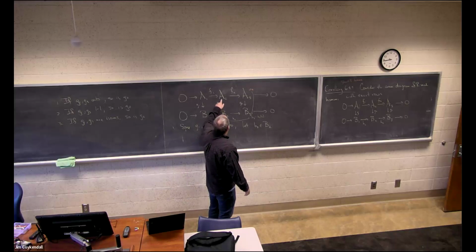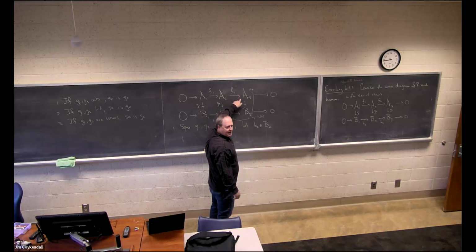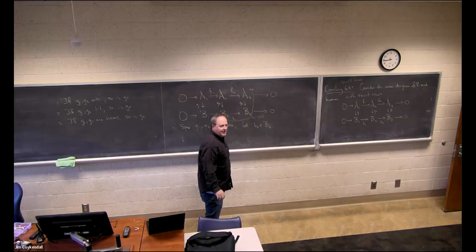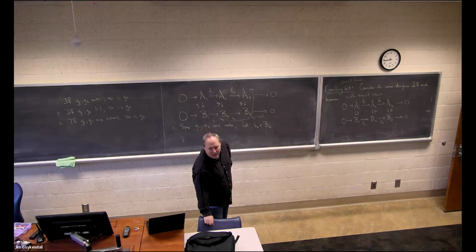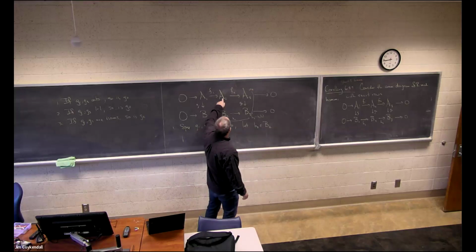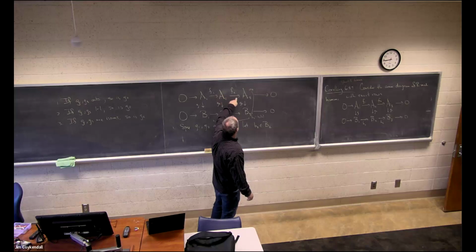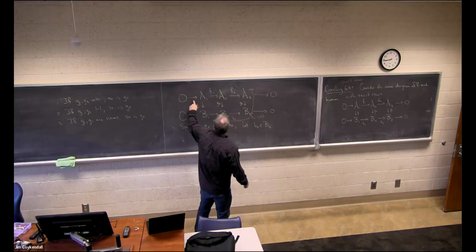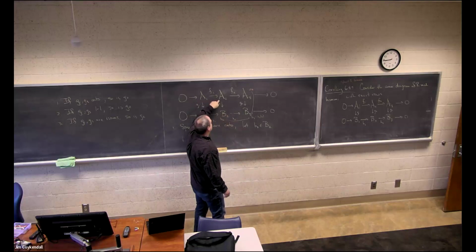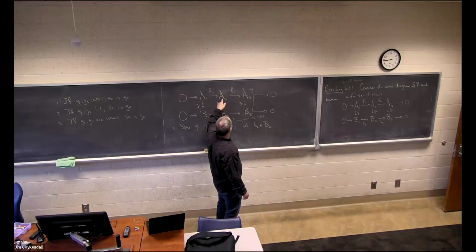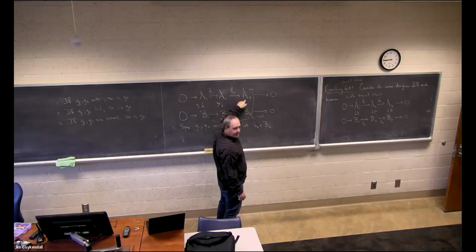Now, what do I know about F2? Well, that top row is short exact, right? And so what does it mean for a sequence to be short exact? Well, the last map must be onto, the first map must be one to one, and the middle one has a kernel-image thing going on, right? But in particular, this last map is onto, right?